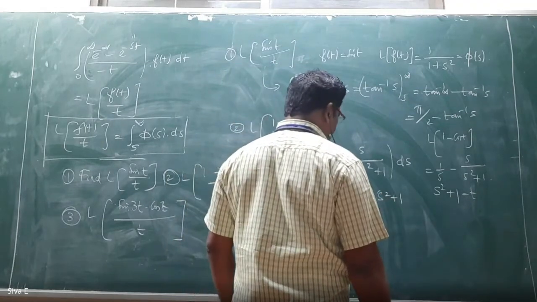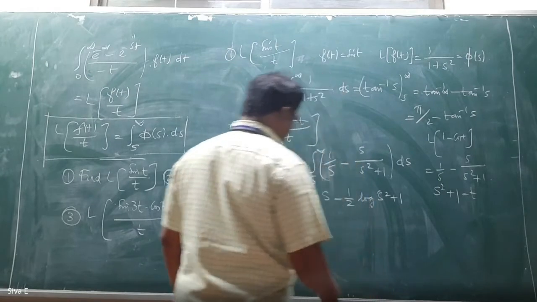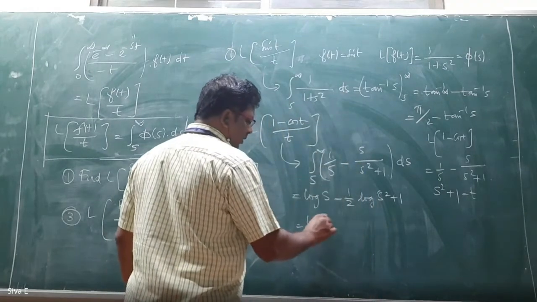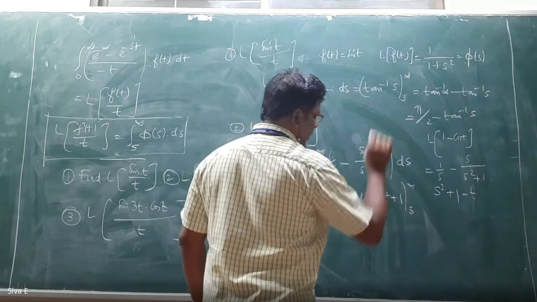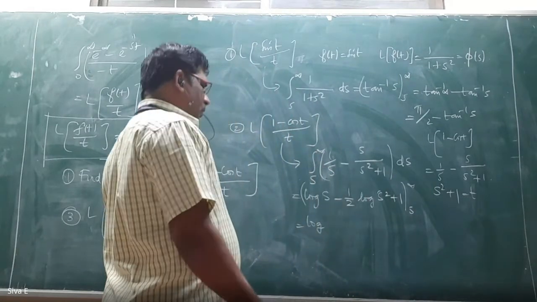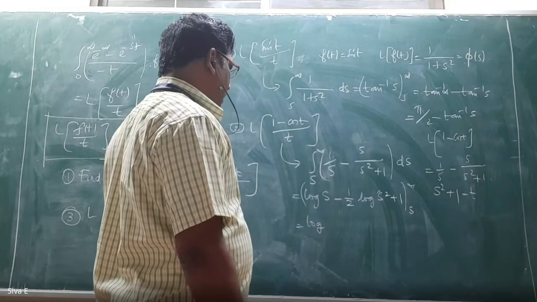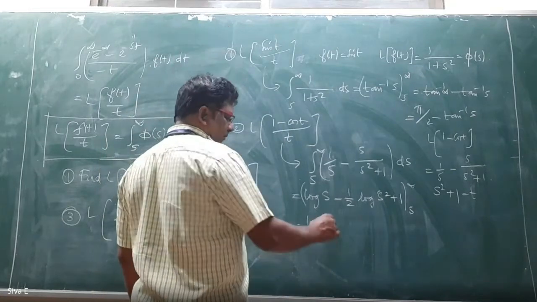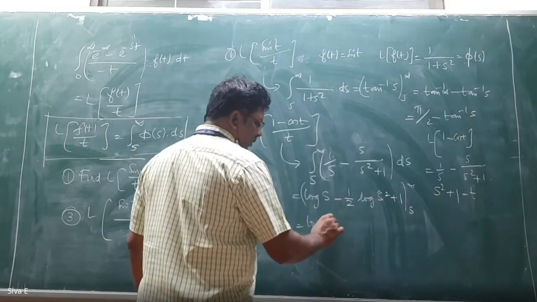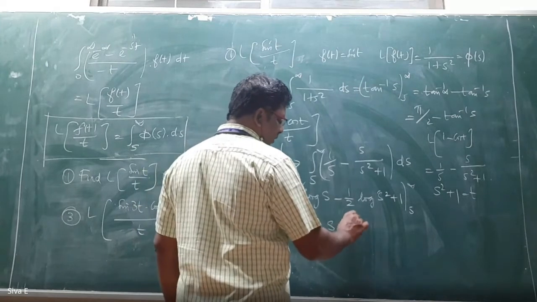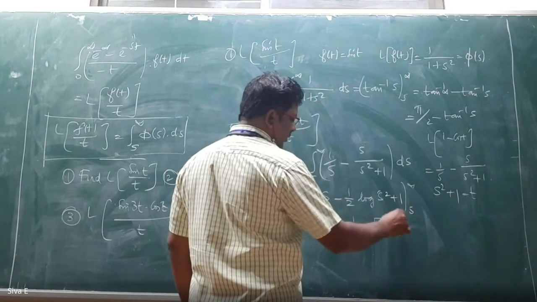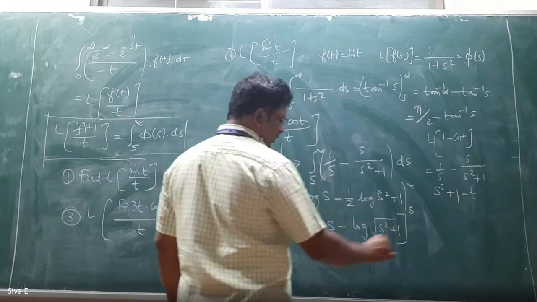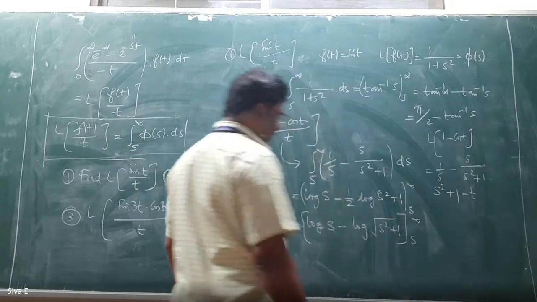So we can write this as log s minus 1 by 2 log s square plus 1, but integral over s to infinity is there, na? Therefore, we have to write log s minus log square root of s square plus 1, over s to infinity. How to integrate this?